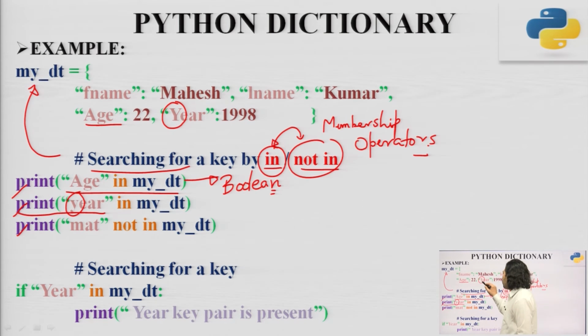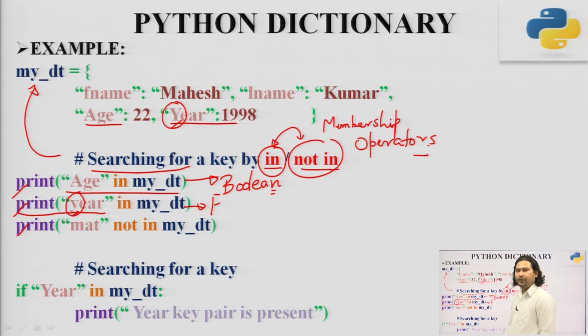That means, this Y and the small y are two different entities. So, the answer for this one is false, because the key value pair is written with a capital letter. So, these two y's are totally different entities.